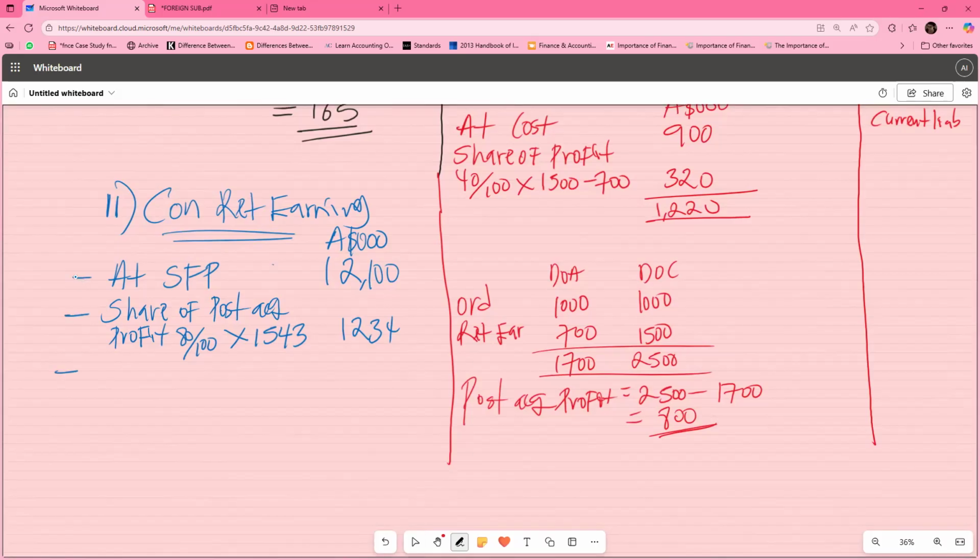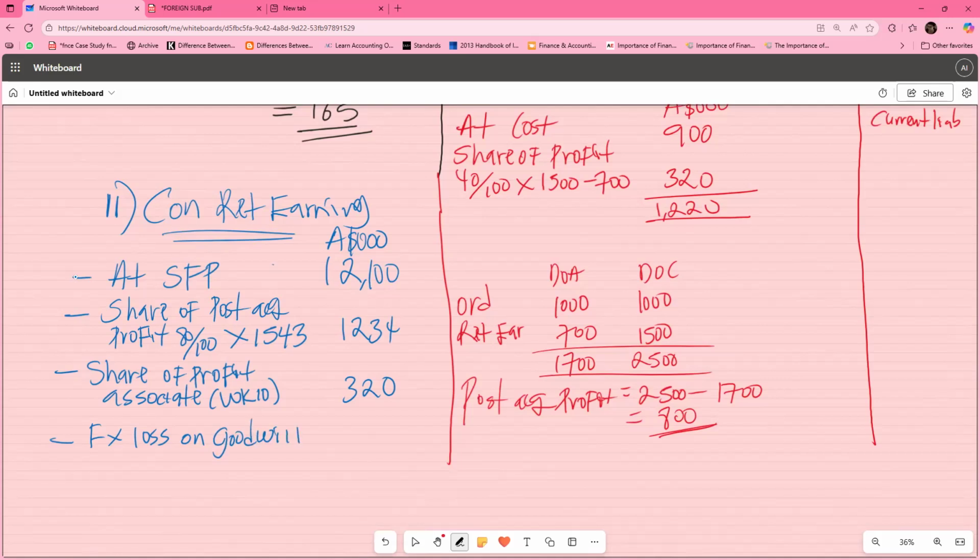So associates, 320. Then don't forget the FS loss on goodwill.